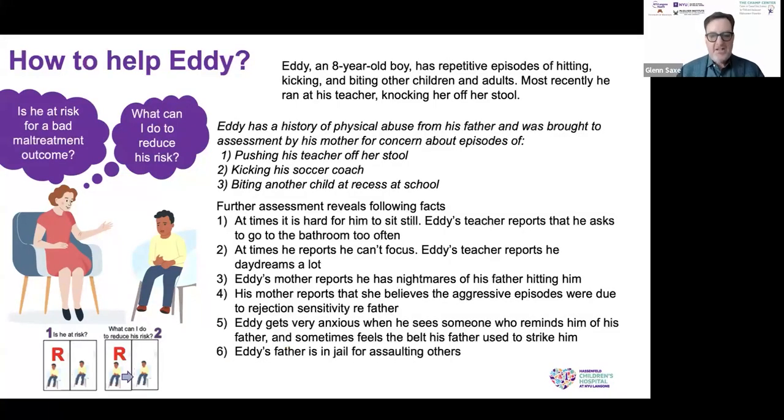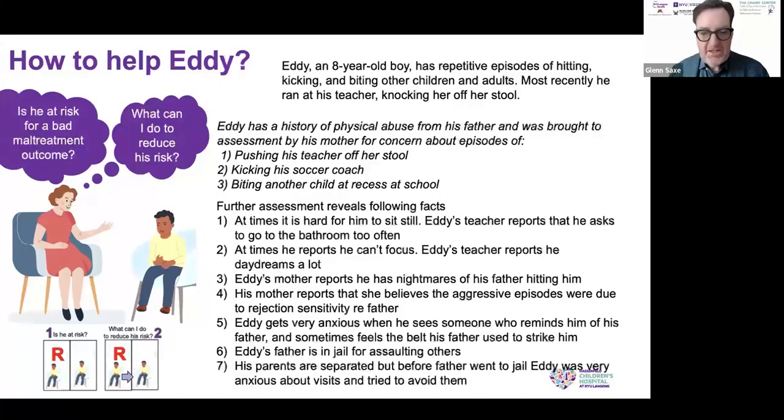Eddie's father is in jail now for assaulting other people. His parents are separated, but before his father went to jail, Eddie was very anxious about visits with his father and tried really hard to avoid them. So we have to think about what this means and how we're going to help him.